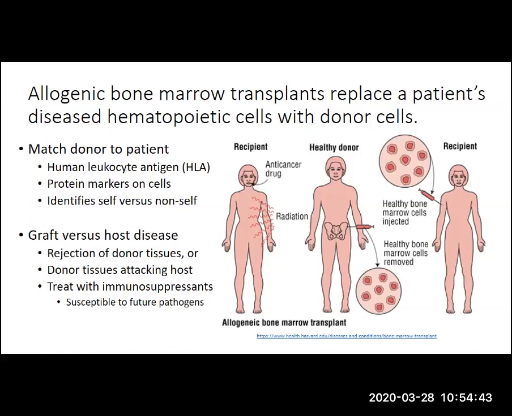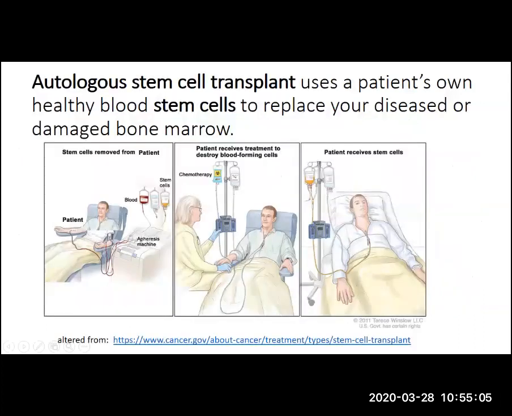The reason this is especially challenging is that patients on immunosuppressants are susceptible to future pathogens. With these future pathogens that they may be exposed to, with a suppressed immune system, they're going to be more likely to get a disease in the future.